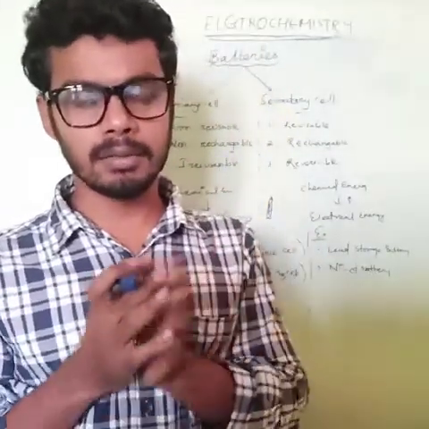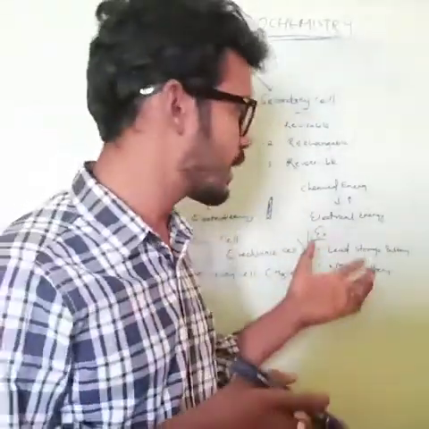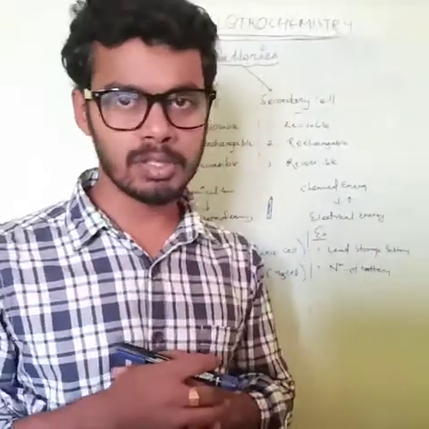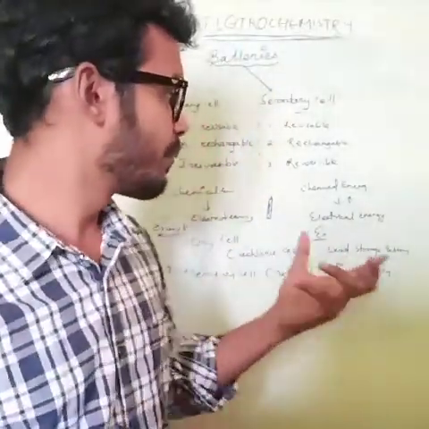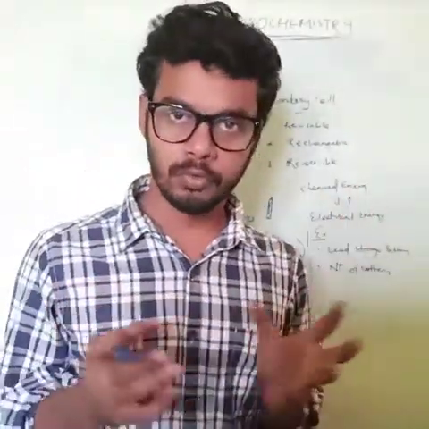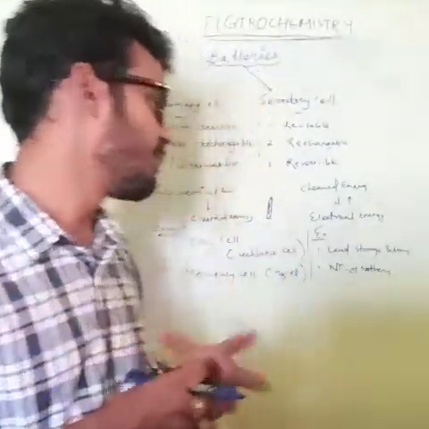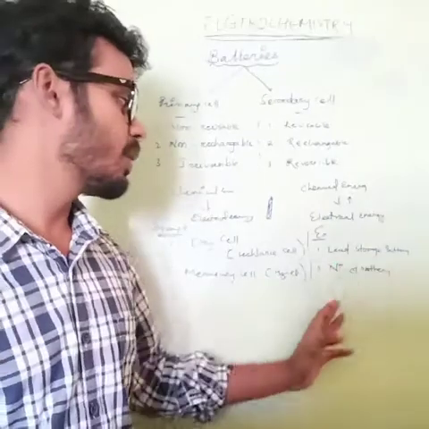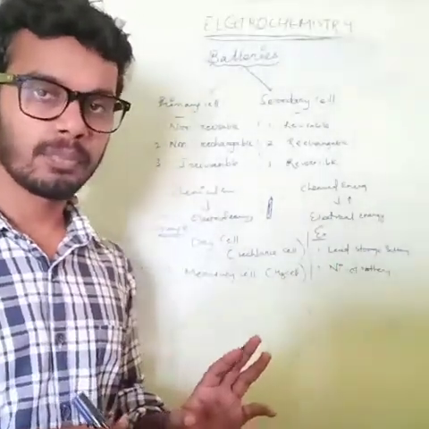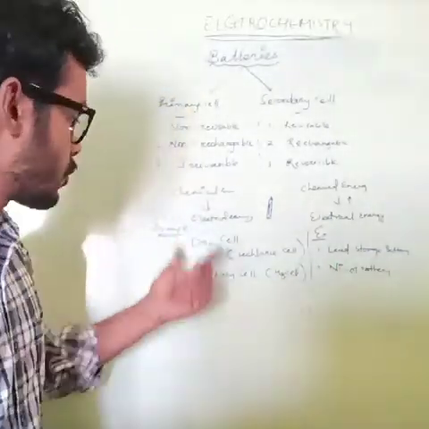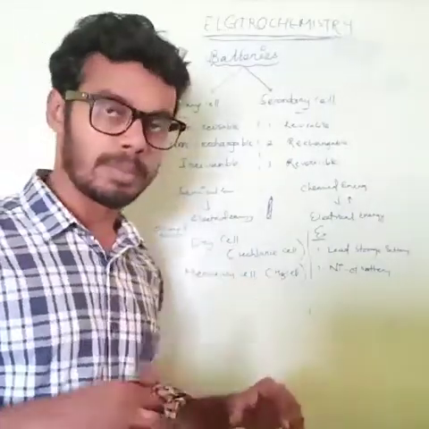While discharging, this energy changes to electrical energy, through which we can light our fan, light, TV, etc., at your home appliances, right? So the examples are the lead storage and nickel cadmium. Understood? So let us discuss the primary cell.